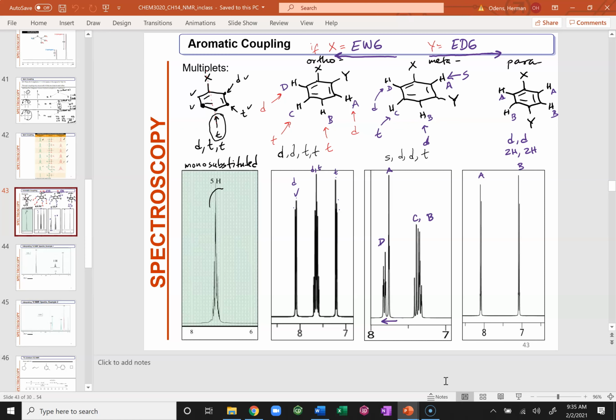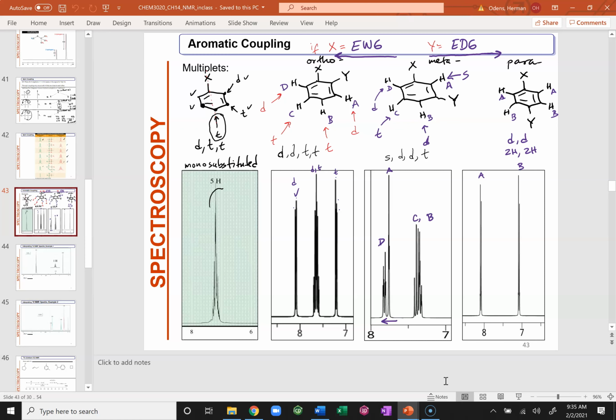Now, if you have disubstitution, that means you lost 2 hydrogens, and then you have 3 different variants. You have the ortho, the meta, and the para. I taught you also that you have to identify these 3 variants by looking at different neighbors that each of these protons have.